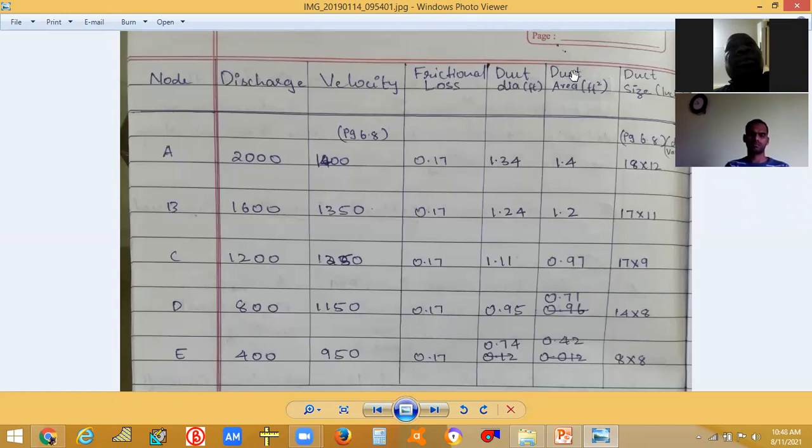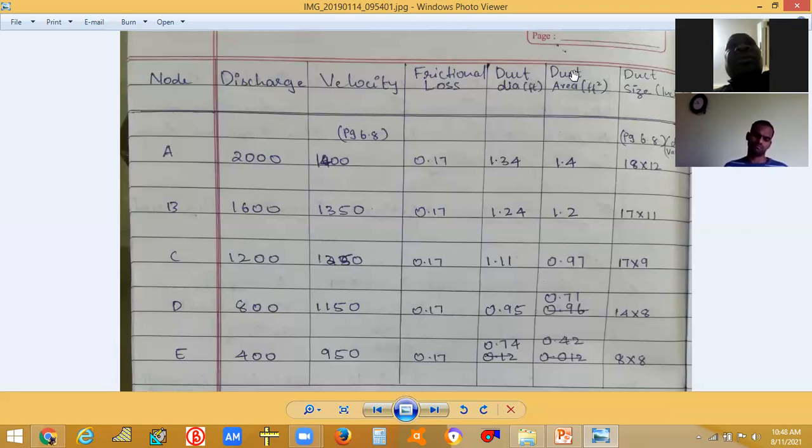From the duct area, would you be able to find the diameter of the duct? Yes, if you got the area, you can find the diameter. How? Area equal to pi by 4 d square.